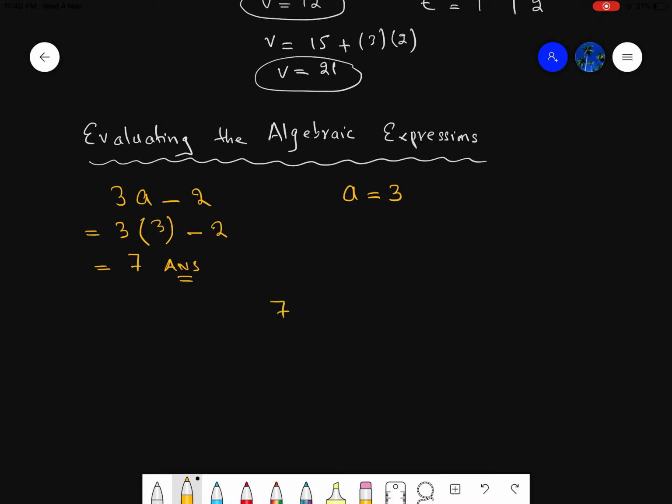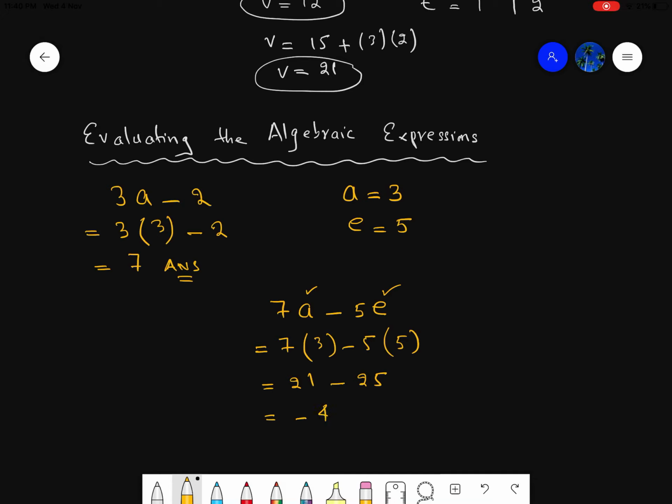Similarly, if we have another expression, say 7a minus 5e, and the value of e is given as 5, we have to replace the values of a and e in the expression and get our final answer. So 7 times a means 7 times 3, minus 5 times e means 5 times 5. 7 times 3 is 21, and 5 times 5 is 25, which gives 21 minus 25 is minus 4.